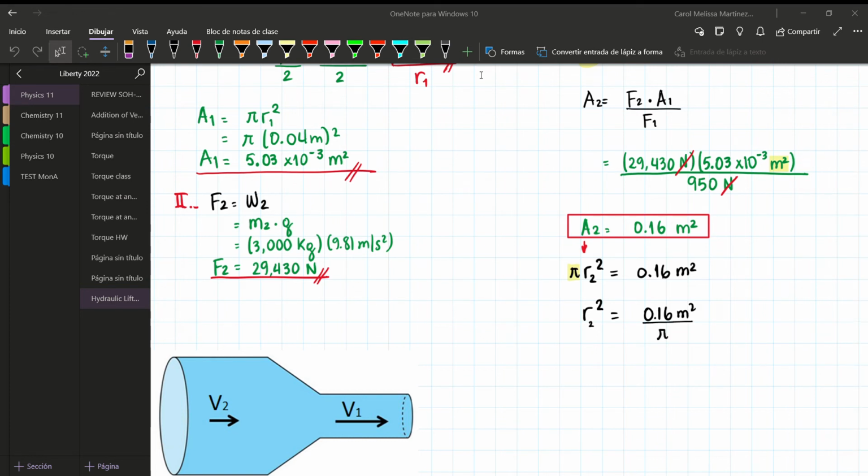And to get rid of the second power, I'm just going to need to apply square root in both sides of the equation. So my radius 2, the formula of my radius 2 is going to be equal to the square root of 0.16 square meters divided by pi.